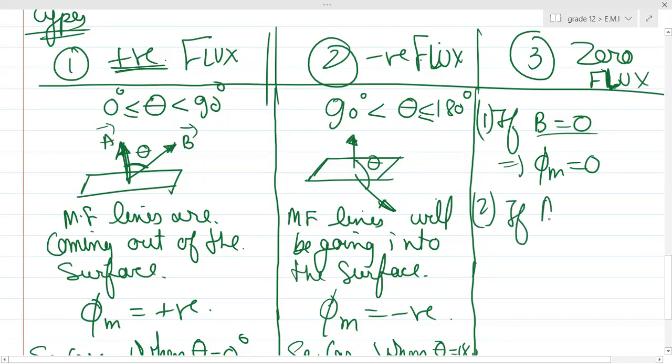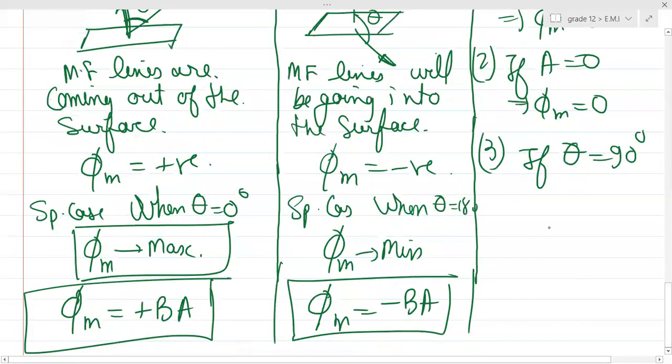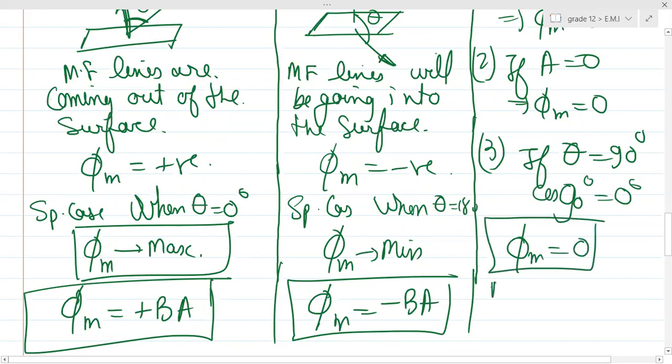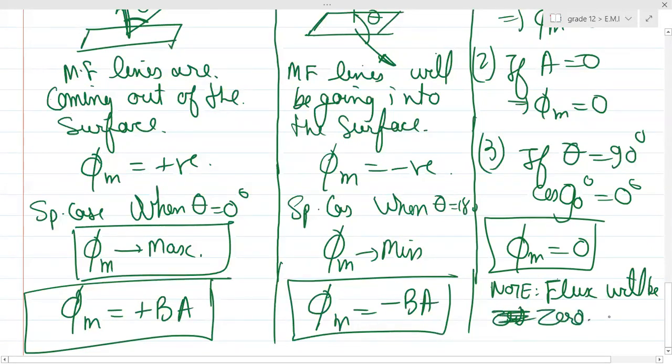If A is 0, then flux is 0. If theta is equal to 90 degrees, then cos 90 is also 0, so the flux will be 0.